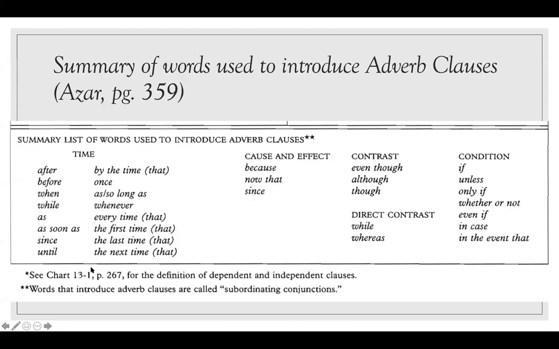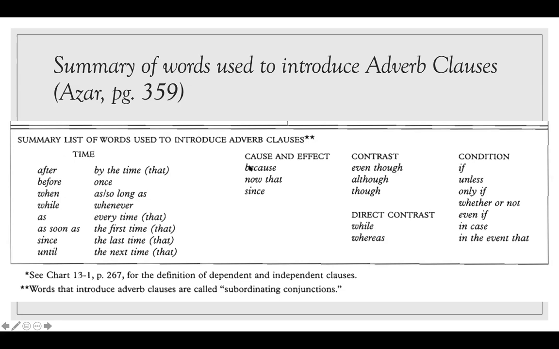She says there are adverb clauses with regards to time: when, after, by the time that, before, once, as, as long as, while, whenever, every time that, as soon as, the first time that, since, the last time that, until, the next time that. Again, all these words can be found at the beginning of a clause, introducing the adverb clause, and they tell the information of when, so time.